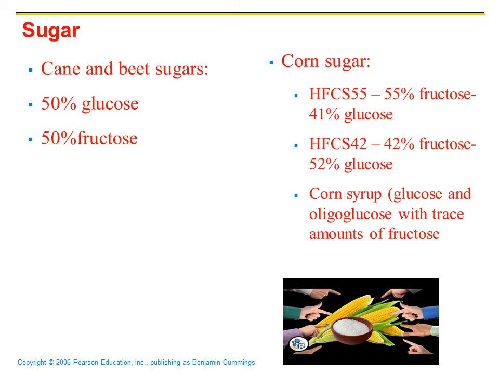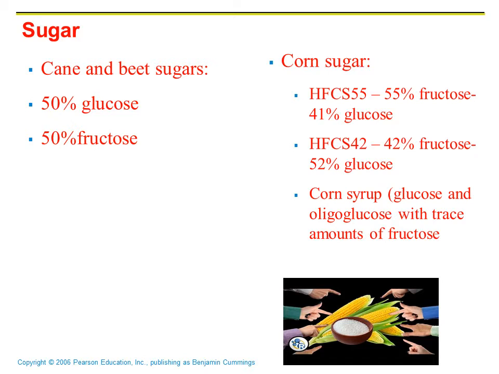In this slide, we're comparing cane sugar to high fructose corn syrup. Cane sugar has 50% glucose and 50% fructose. In high fructose corn syrup, you notice that it's a combination of things. In order to make this sugar taste sweeter, you must add extra fructose.